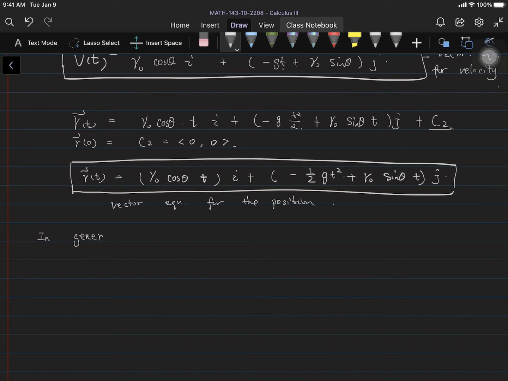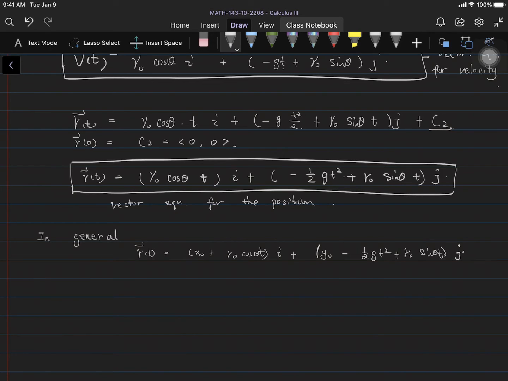In general, r(t) equals x naught plus v0 cosine theta t, i, plus y naught minus 1/2 g t squared plus v0 sine theta times t, j.